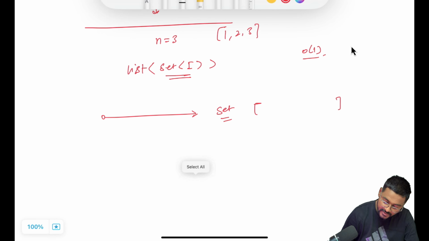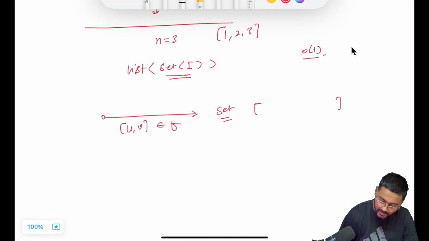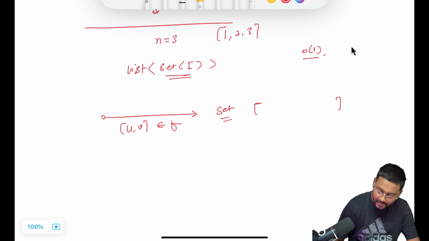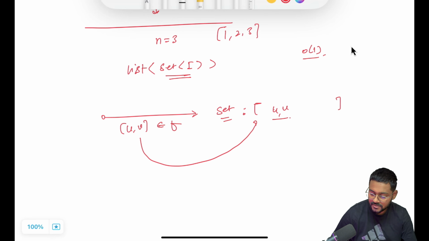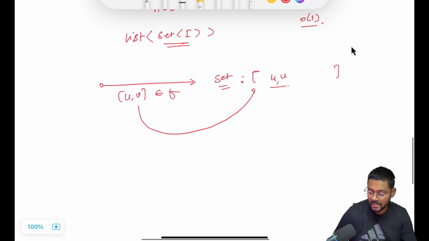For every single friendship, I have u and v belonging to the friendship array, where u and v do not have a language in common. I will add these two, u and v, into the set. So now I have this set which has all the bad friends.